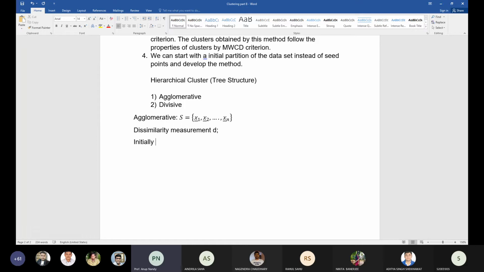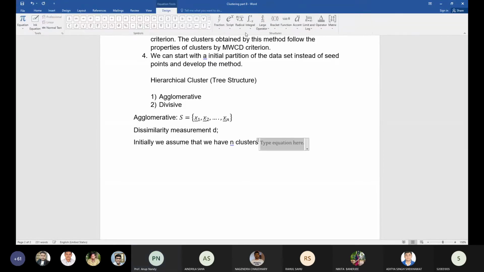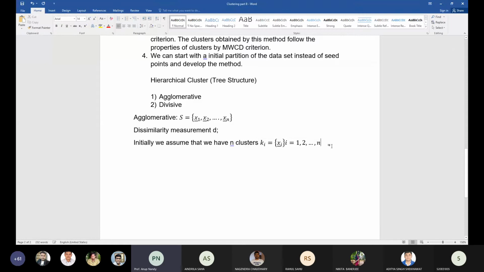Initially, we assume that we have n clusters, where Ki is equal to this, and i is equal to 1, 2, up to n.